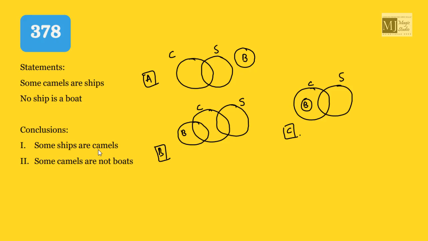Now what are the conclusions? Conclusion 1: some ships are camels. Yes, some ships are camels. Conclusion 1 follows. Conclusion 2: some camels are not boats.